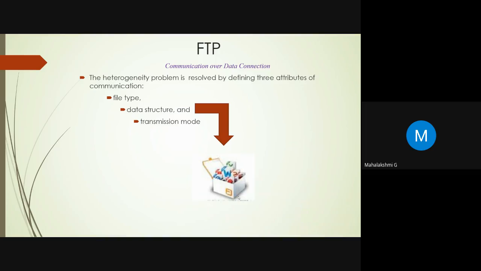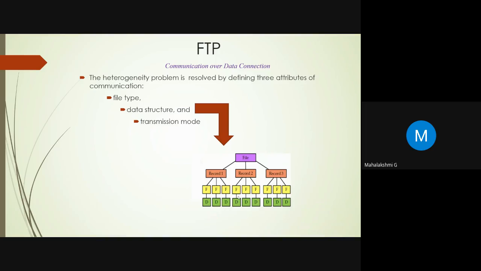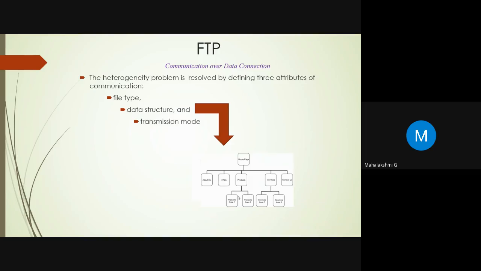In the record structure, the file is divided into records, and it can be used only for text files. And the last one is where the file is divided into pages, where each page has a page number and page header. The pages can be stored and accessed either randomly or sequentially.